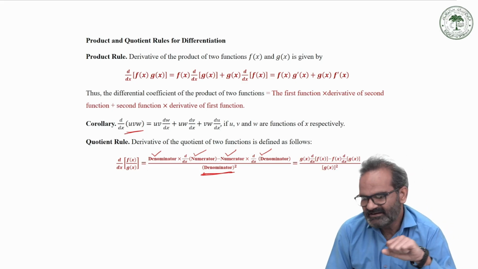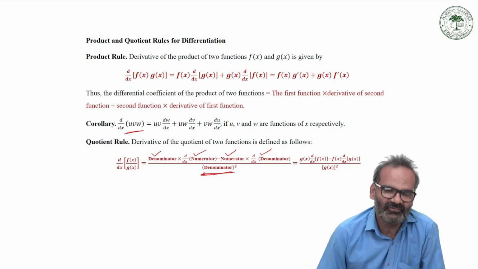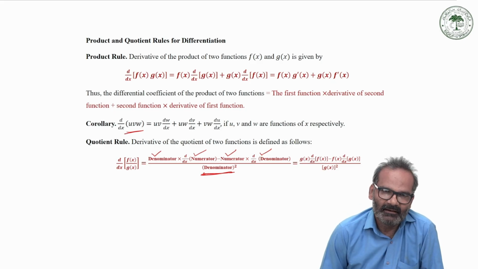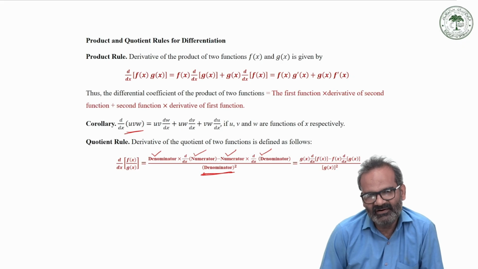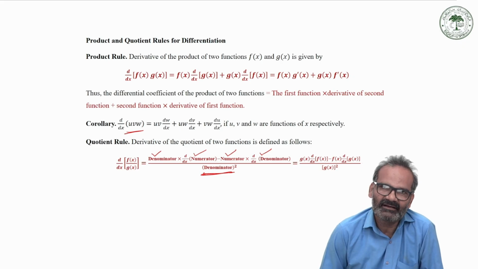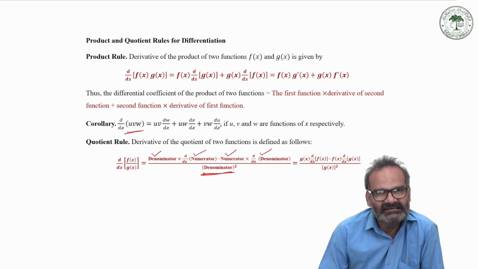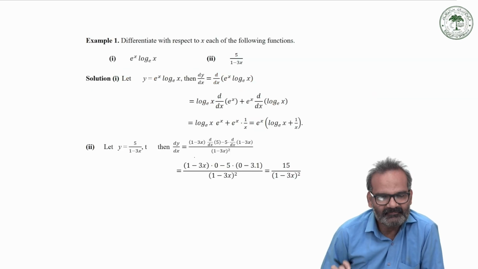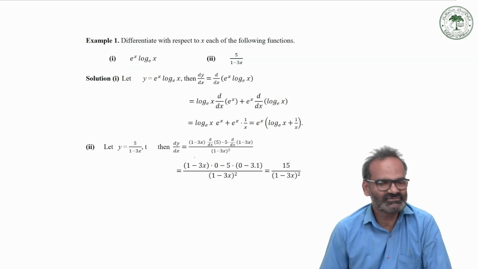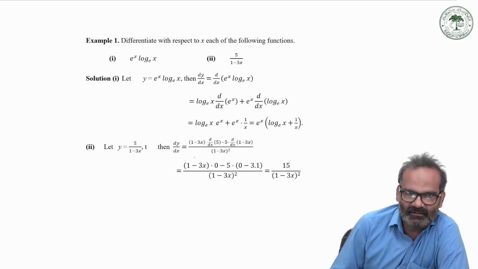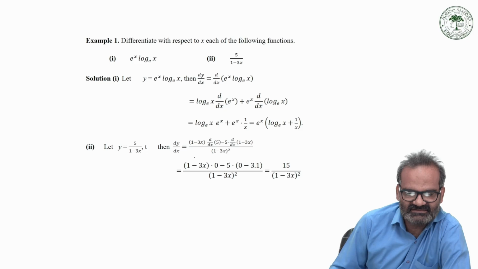So by using these two rules, we can find the derivative of any function in which two functions are either multiplied together or divided. Let us take some examples to understand how these two formulas work.